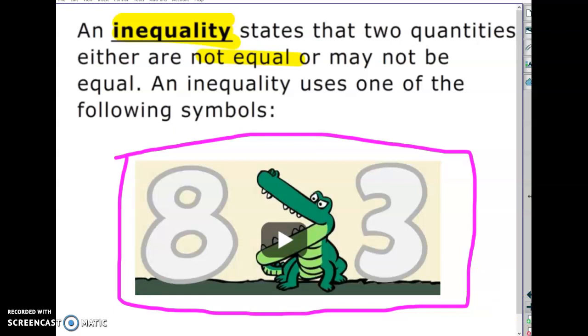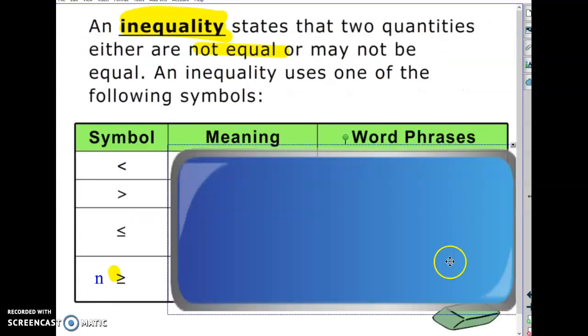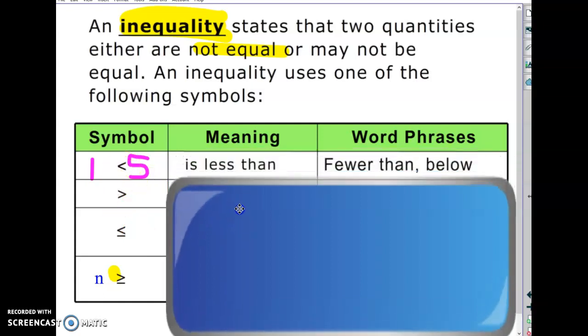So we have many types of inequalities. The first one, if we read them from left to right, if I put a 1 here, it says 1 is less than, so I would have to put a bigger number right here, maybe 5. That first symbol is a less than symbol.